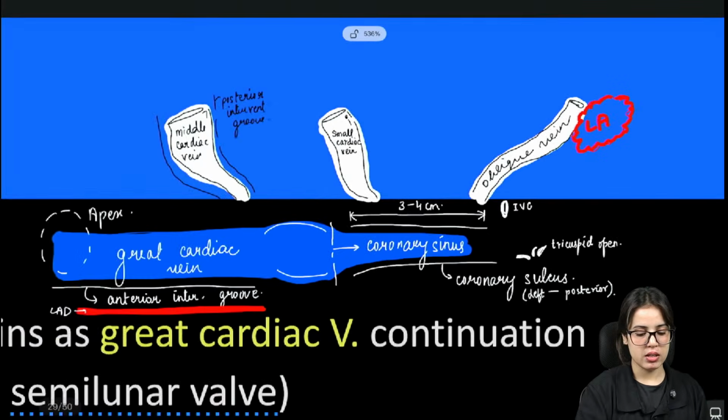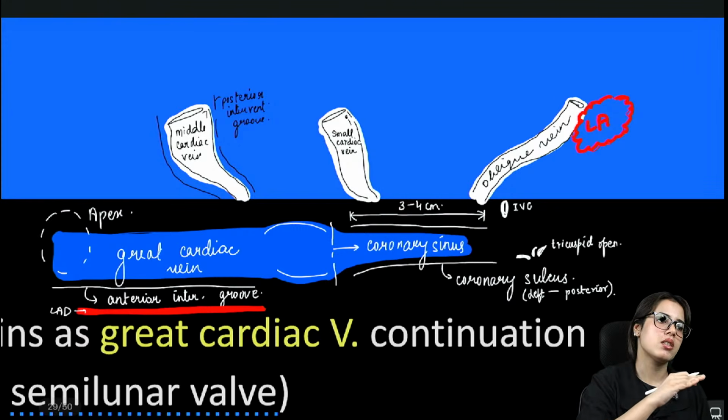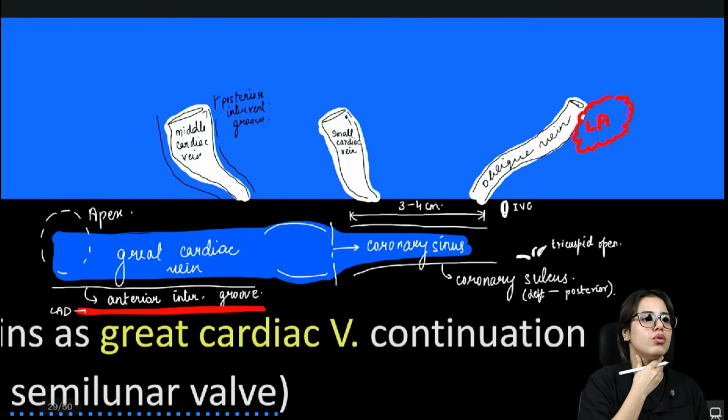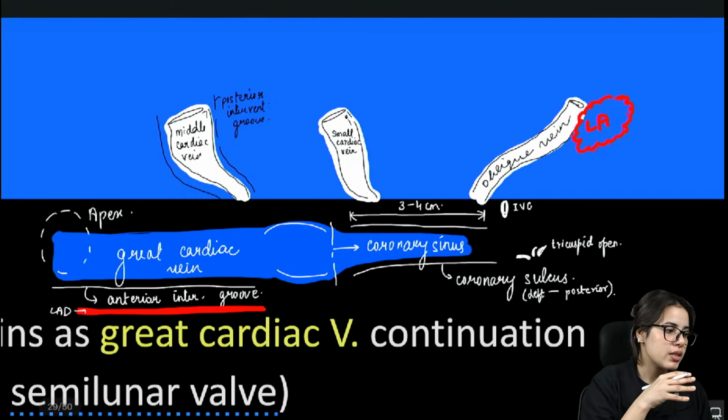In the exam paper, don't make the diagram, word it out. From the apex of the heart, the great cardiac vein goes just beside the anterior interventricular artery in the anterior interventricular groove, and then the coronary sinus, 3 to 4 centimeters, starts from this and drains to what?